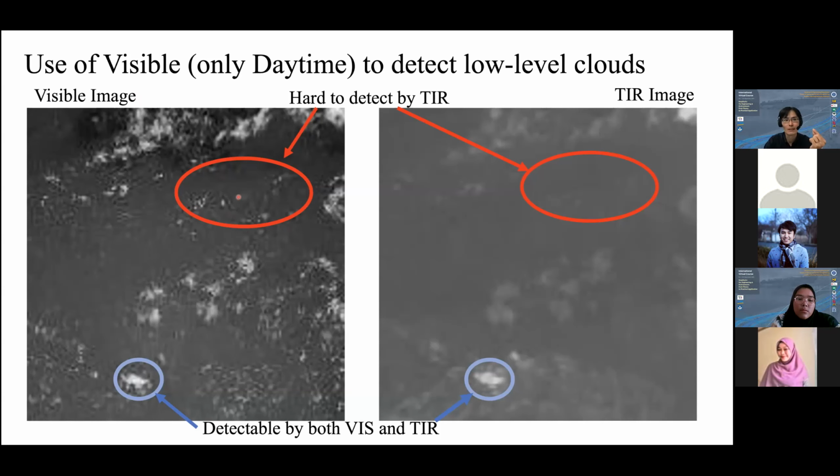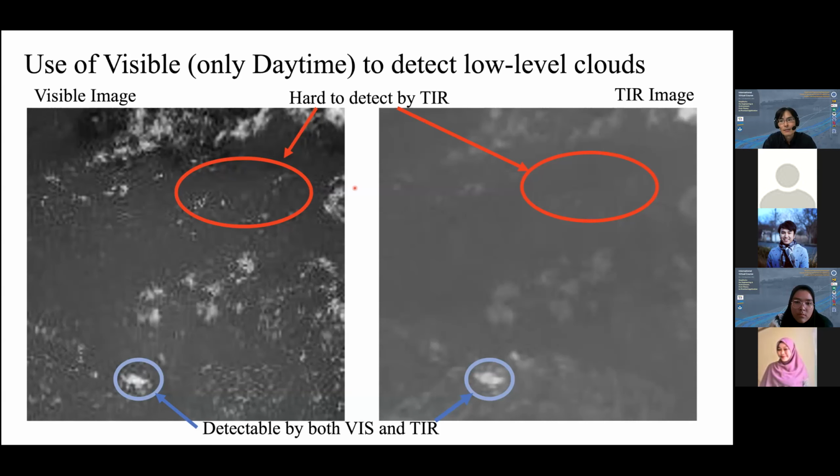That's the reason why we use the visible wavelengths to detect low-level cloud. Even though it can capture only during the daytime, this is very powerful.